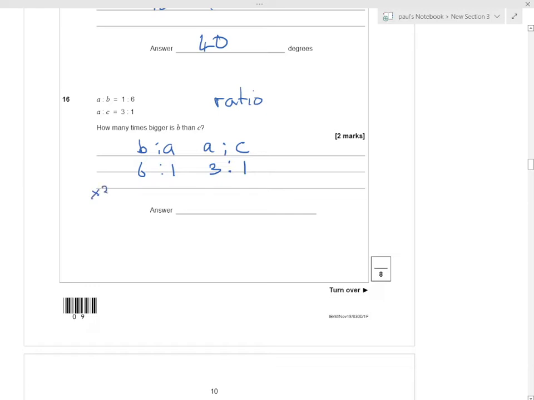So I'm going to treble this side so that A is 3 and B is 18. So then we've got the 3 and the 1. Now, because A's are the same, we could write B, A, C as 18, 3, and 1. And we can see that B is 18 times bigger than C.